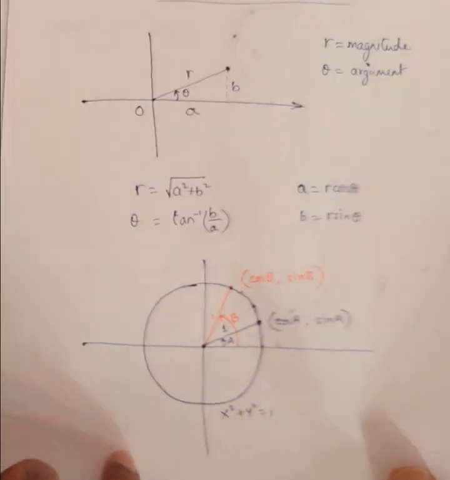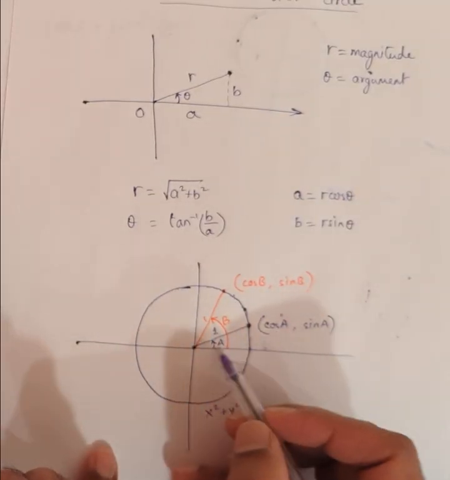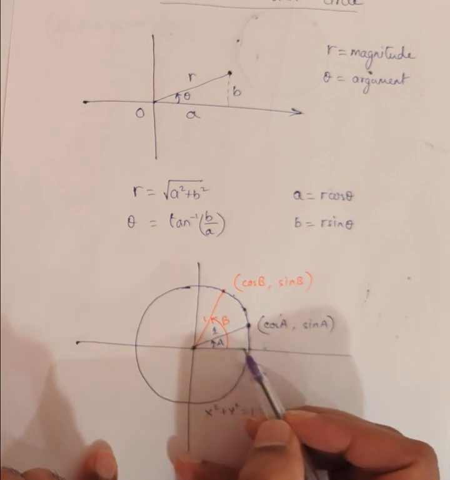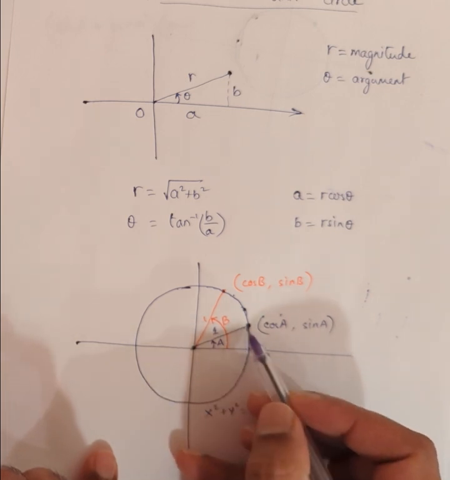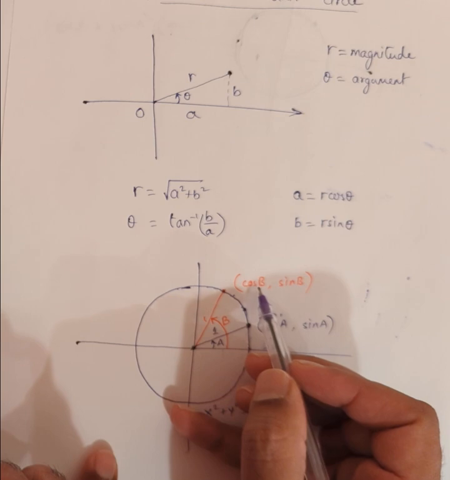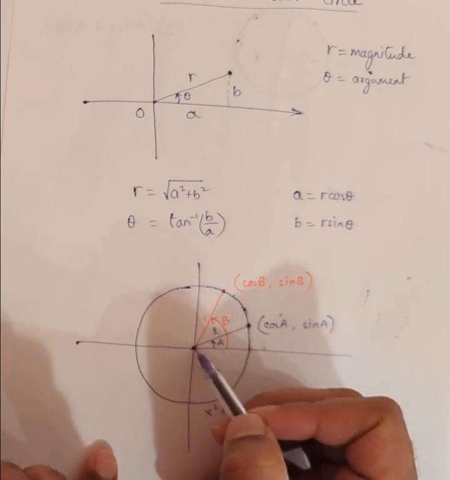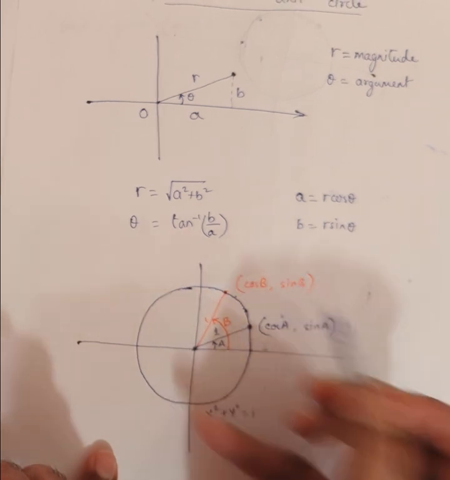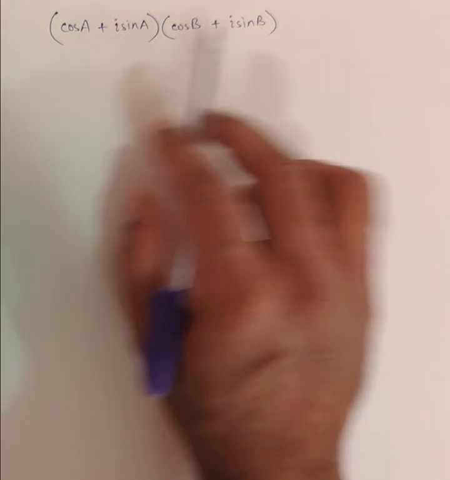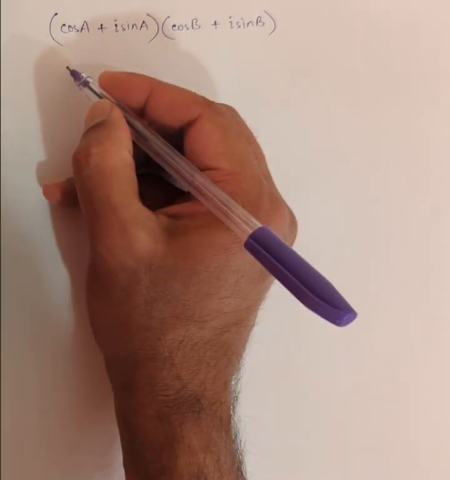So let's make sure we are getting this right. This complex number has a real part of cosine A and imaginary part of sine A. This complex number has real part cosine B and imaginary part sine B. So that's why we have these complex numbers.